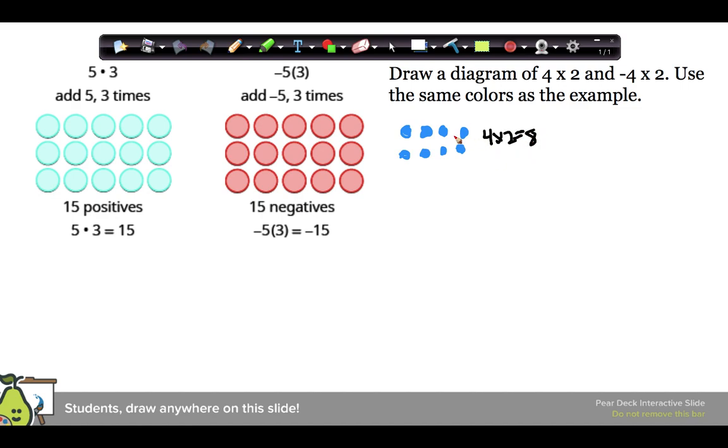And now I'm going to switch to red and make 2 rows of -4. There's 1 row of -4, and a second row of -4. So this is -4 put into 2 rows, and that's equal to, you can see, 8 negatives.